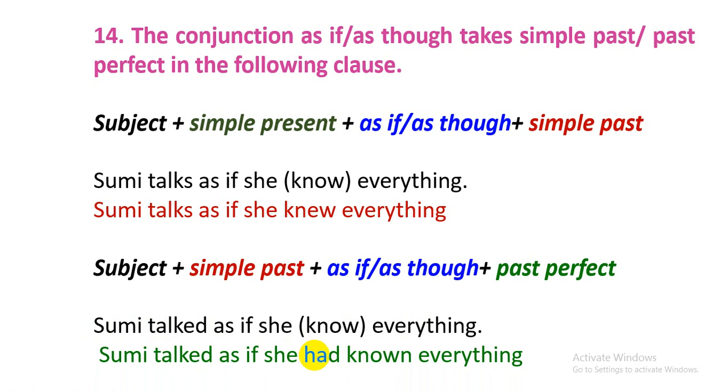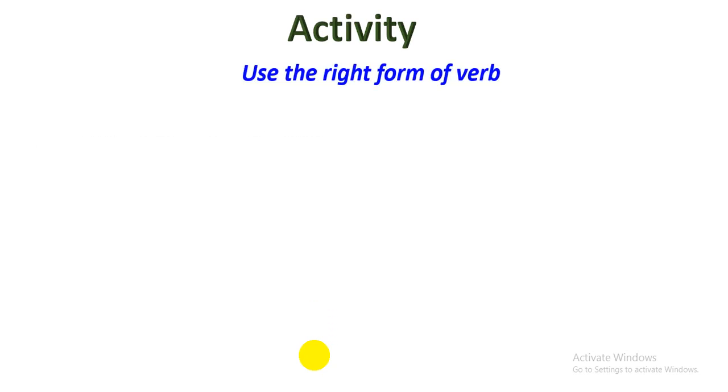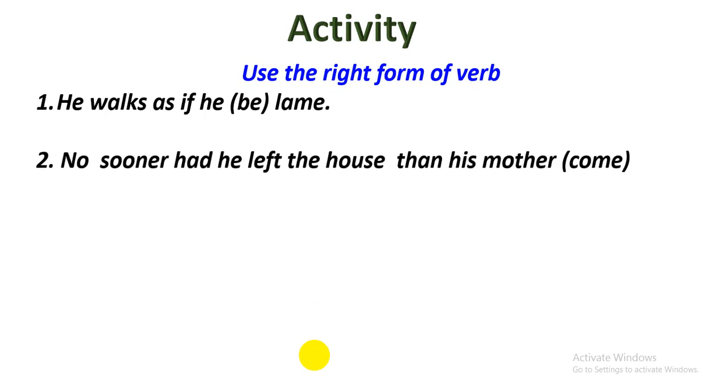Dear students, I hope you have understood the class. There is an activity for you. Use the right form of verb. The first one is, he walks as if he be lame. 2.